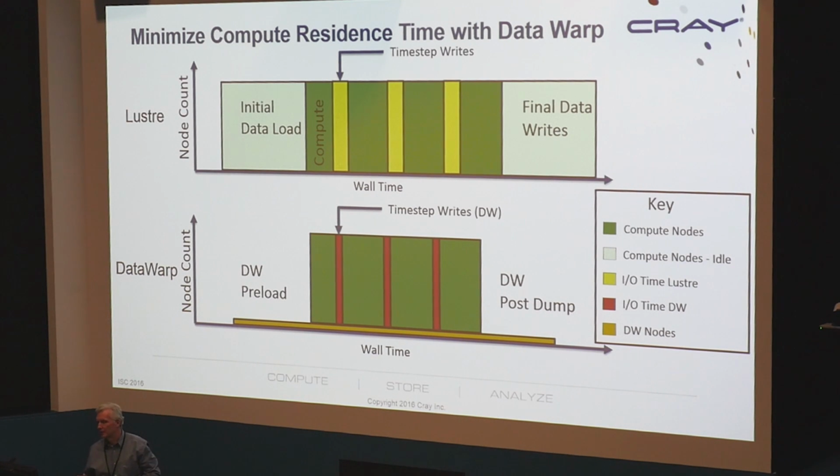One of the main goals of using something like a flash storage like DataWarp is to take this particular yellow time step that's being caused by the I/O and shrinking it down. So the goal is to reduce the time, the I/O wait time, and decrease the actual runtime of the job.